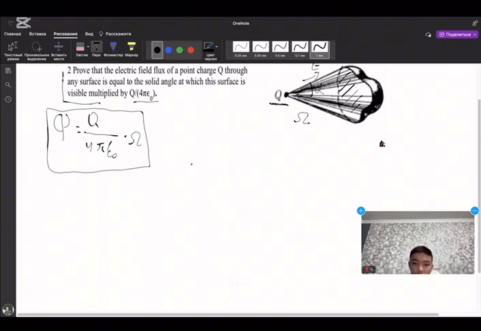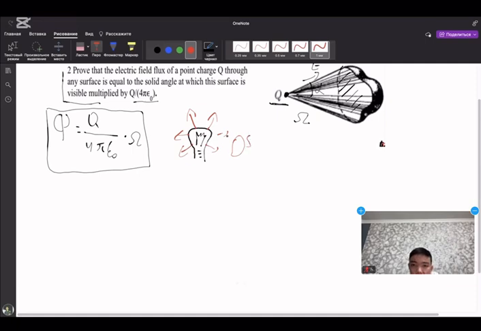Imagine we have a small light bulb in a dark room like this. The light spreads out in all directions, like this. Now you hold a small hoop in front of the bulb, a small area.